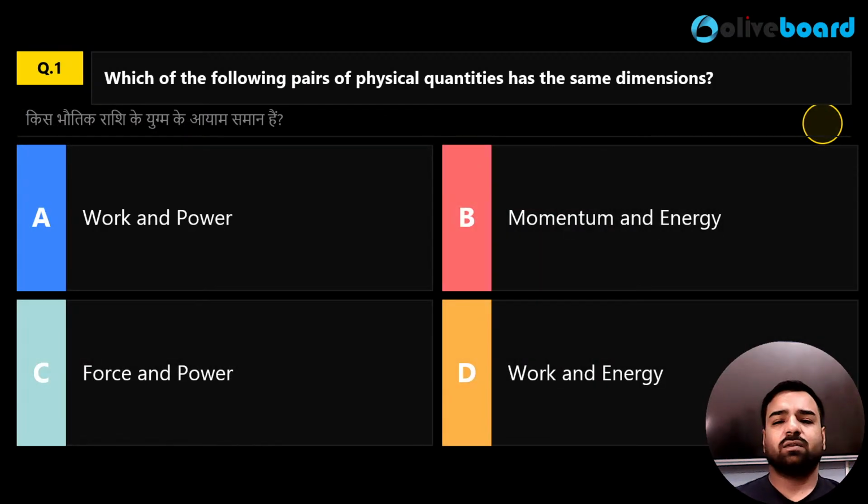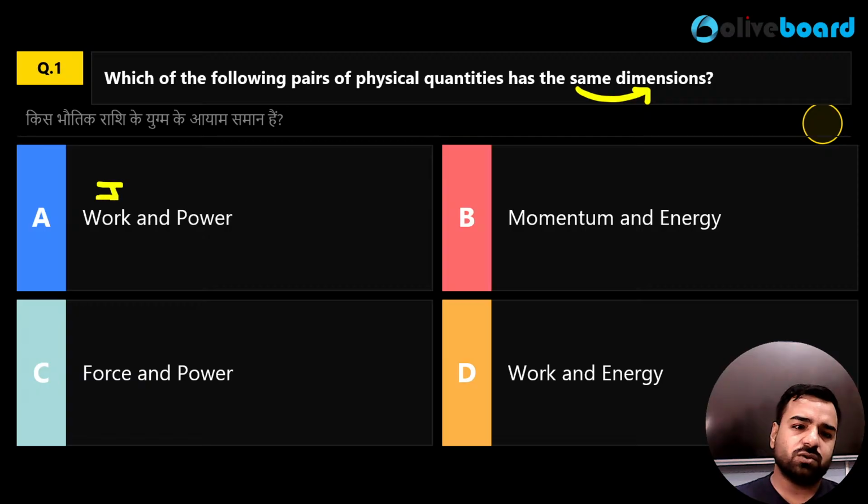Before that, whatever we have discussed today, let's have a discussion here. Which of the following pairs of physical quantities have the same dimension? Please try to answer. Guys, quantities which have the same unit will obviously have the same dimension.